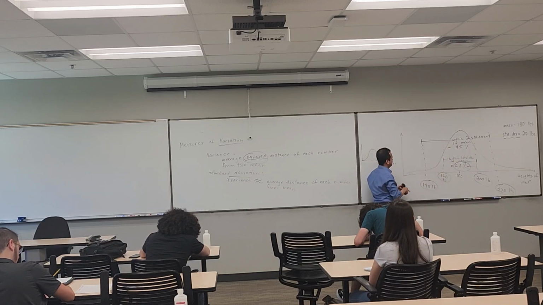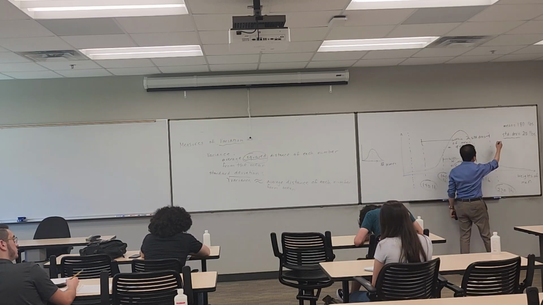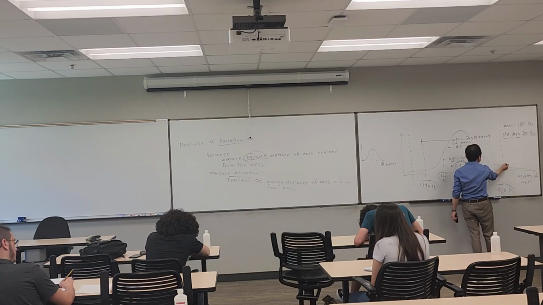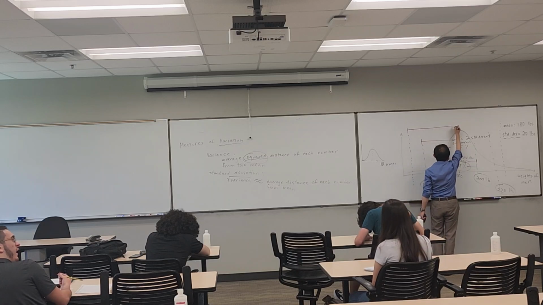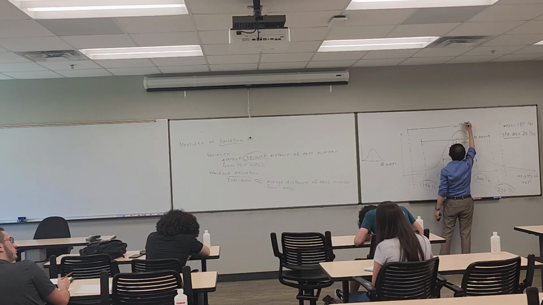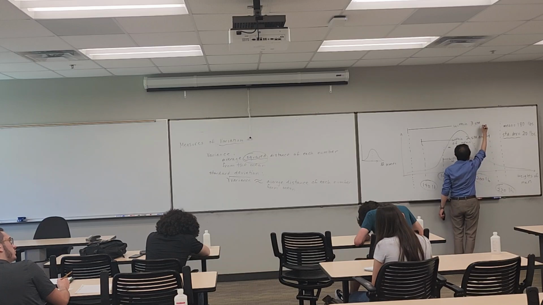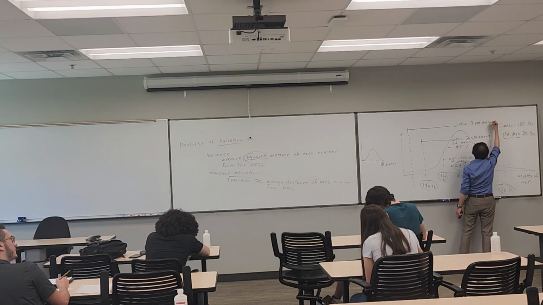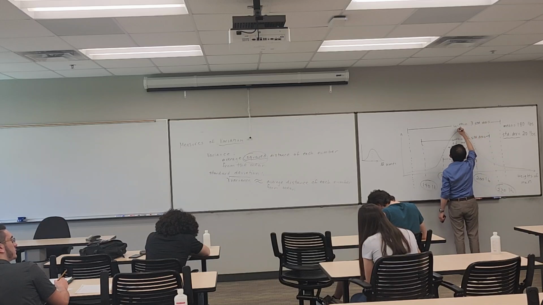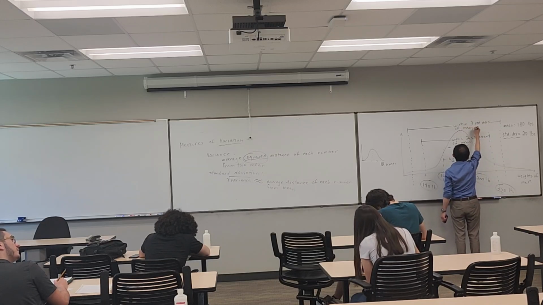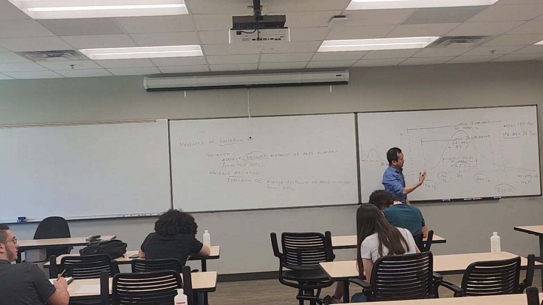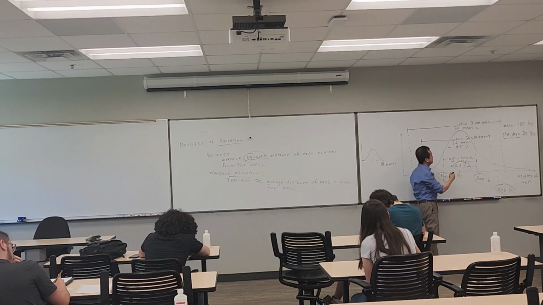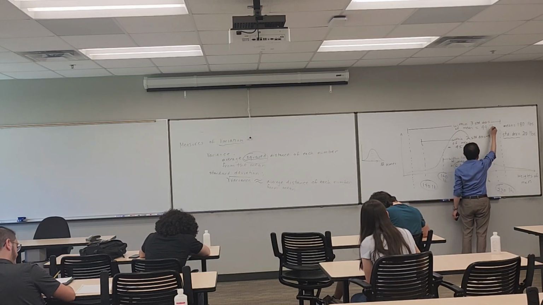So if we continue with 3, for example, within 3 standard deviations of the mean is a certain fixed percentage, which is 99.7%. So that's virtually 100%. That's virtually everybody.